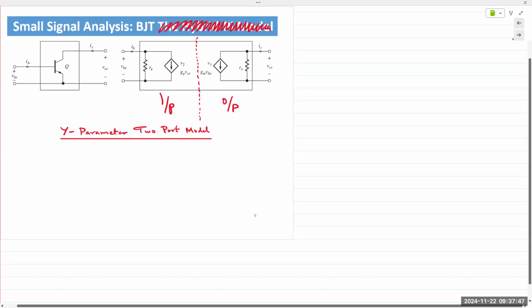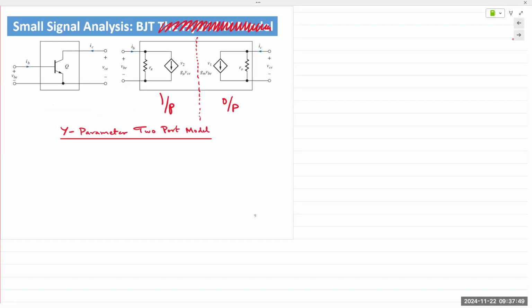The input side is a combination of the base current IB versus the base voltage VBE. The output side is the collector current IC and the collector voltage VCE. The two equations we can write are for IB and IC, and IB would be the sum of VBE and VCE, related by the conductance parameters.